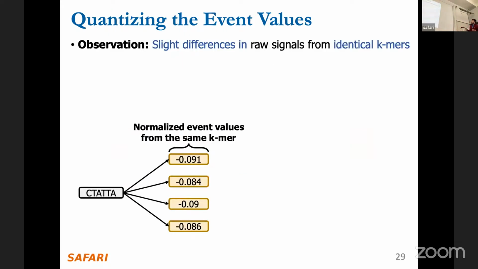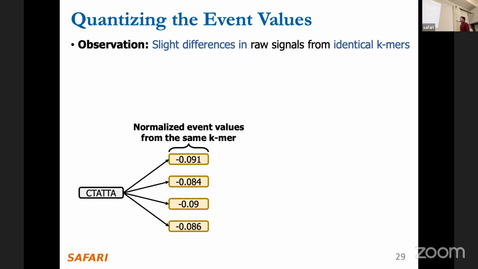So remember, there are slight differences in raw signals coming from identical k-mers, right? Meaning, if you are sequencing this particular k-mer at different times, it may so happen that after normalization, you get different normalized event values. So you may have this value, and at another point you may have this value, and so on.